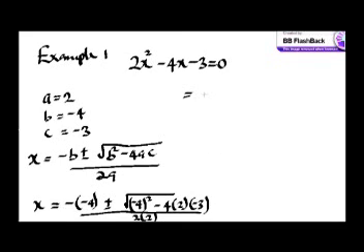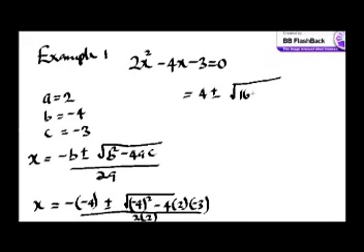Now I'll take my solvings down here. Minus minus 4 will give me plus 4, which is 4, plus or minus square root of minus 4 square will give us 16. Minus 4, this minus belongs to this, so you have minus 4 times 2.